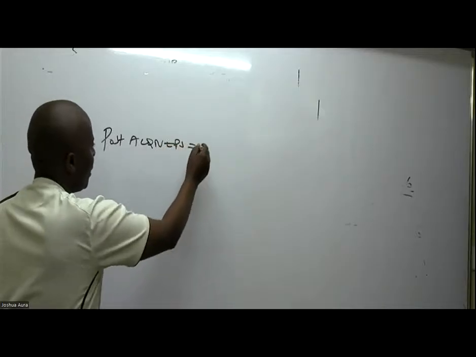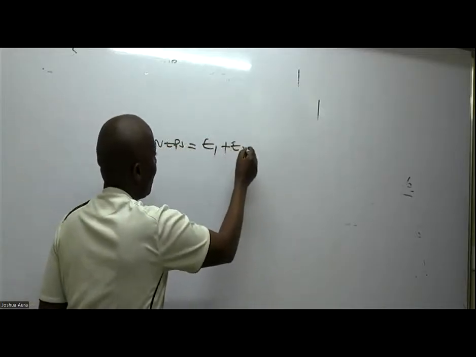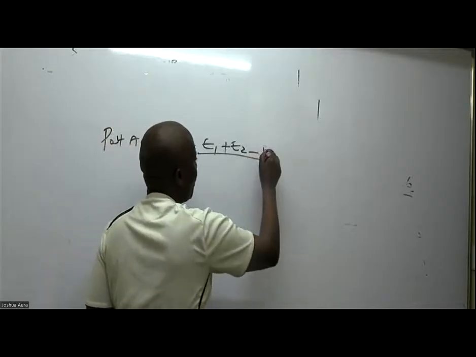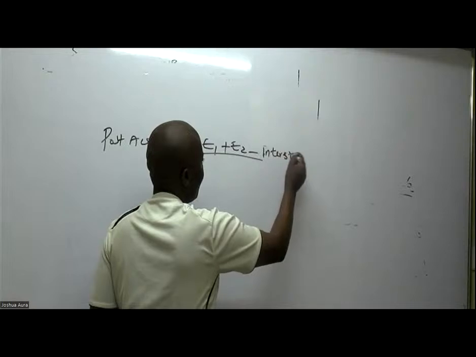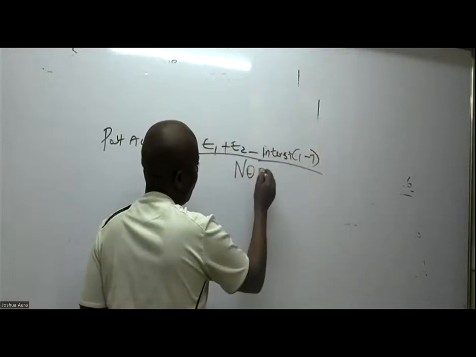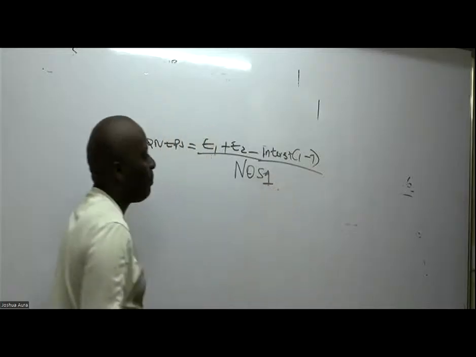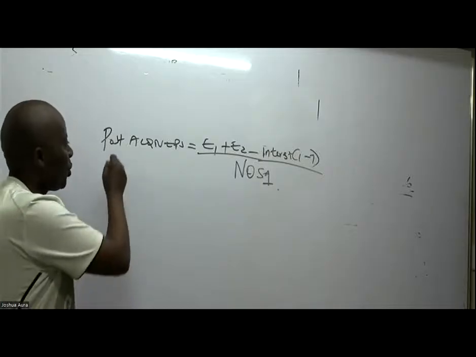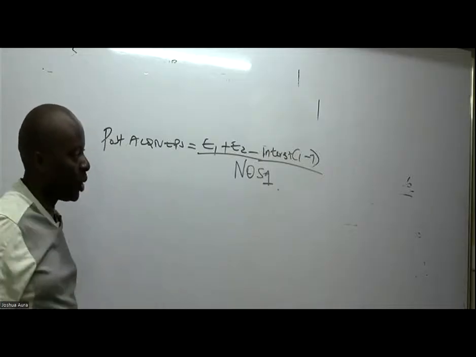Post-acquisition EPS will be earnings of company 1 plus earnings of company 2 minus interest, which has always to be after tax, all over the number of ordinary shares of the first company. We know for sure that the exchange ratio here will be 0.